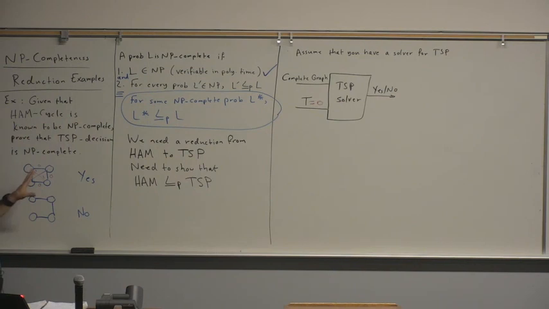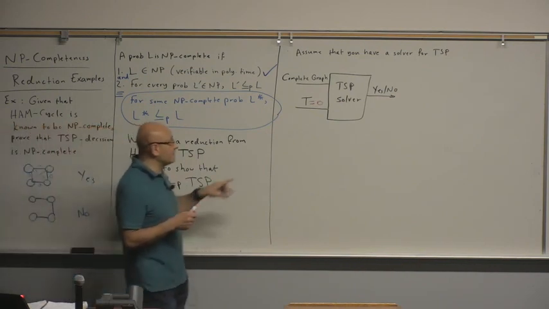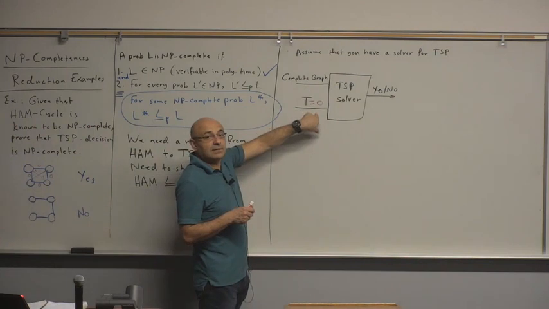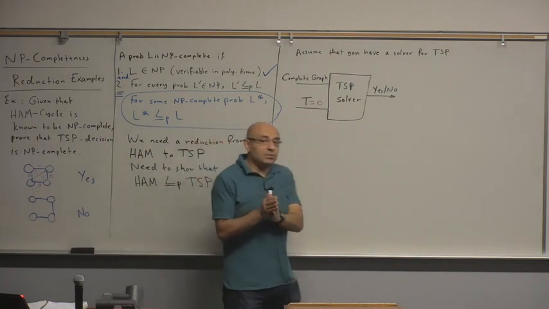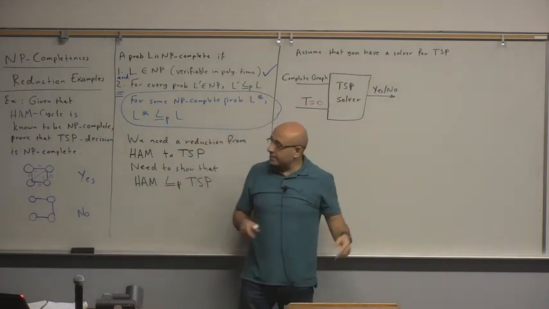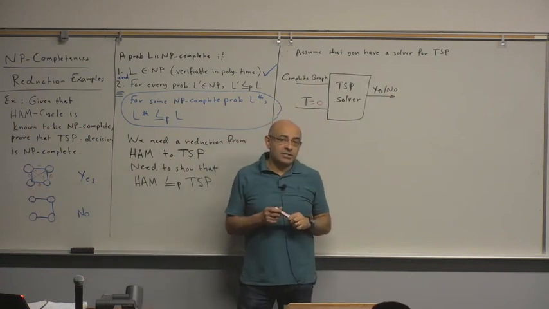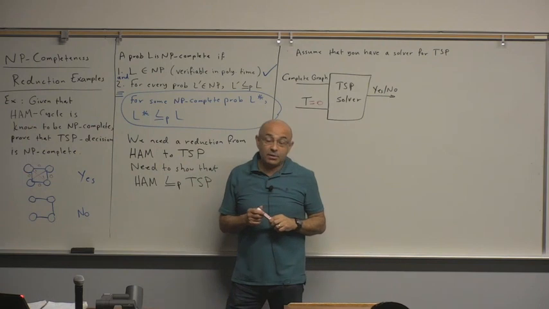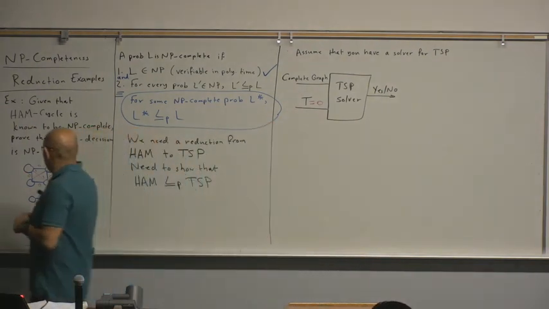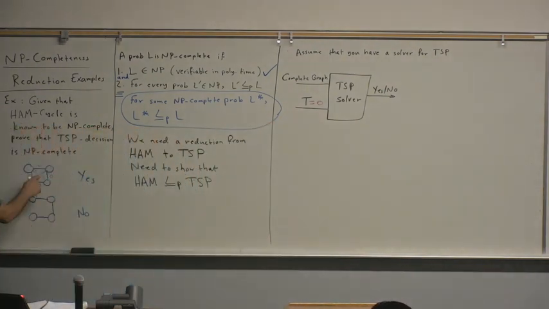If it finds a cycle that uses the original edges, it's going to meet the target of 0. If it needs to use other edges, then this means that there is no simple cycle that uses the original vertices and the original edges. So with this one here, it's going to find a 0. Here it's not going to find a 0 because it will have to use one of the added edges.